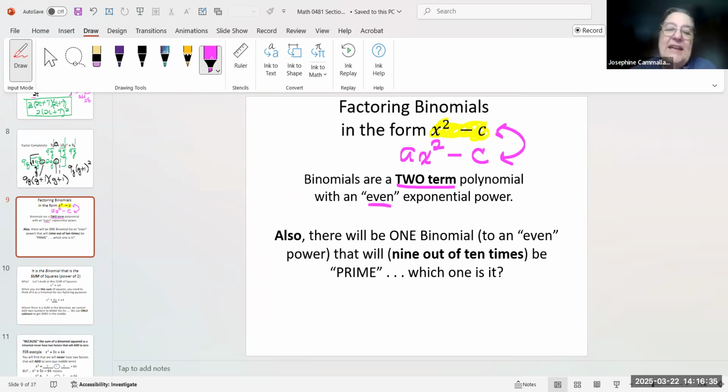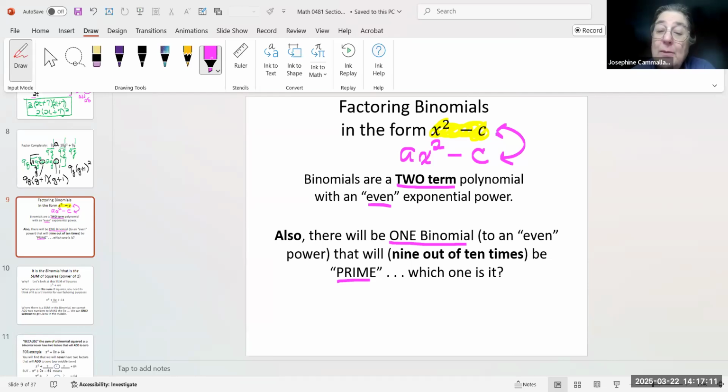Okay. Now, I will let you know that there is a long way and a short way. I'm going to show you the long way initially, but then I'm going to show you the short way. But I do need to remind you that there is one and only one binomial to an even power that will always be prime, or what we call non-factorable.